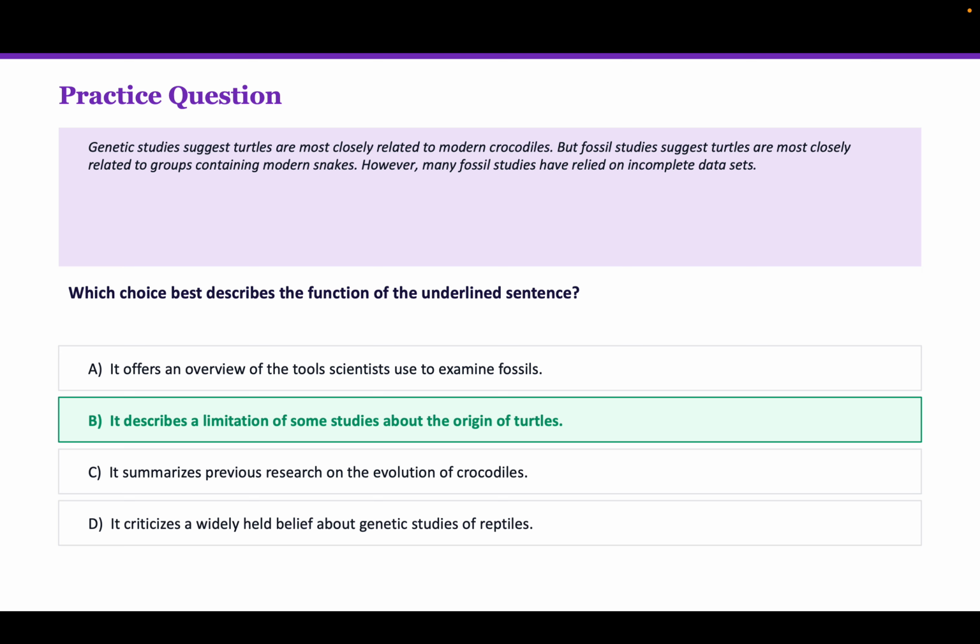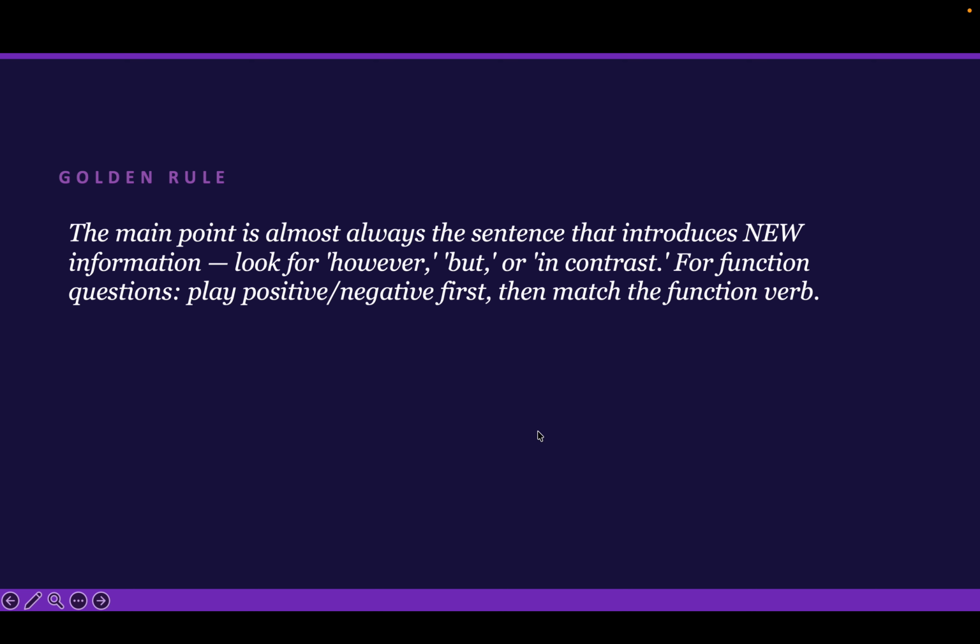It's just criticizing the studies themselves. Or it's not even exactly criticizing, because usually criticize is a stronger verb. It's really just explaining or presenting a flaw of these genetic studies, but it's not picking out an idea or a belief about these studies and then attacking that belief or idea. So that's why that leaves us with B as our correct answer choice.